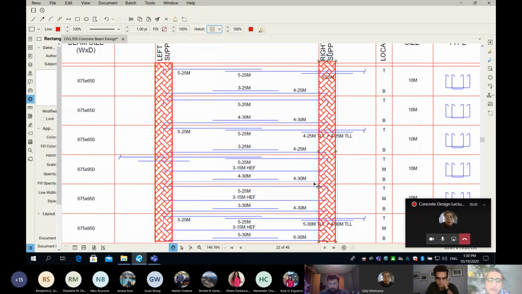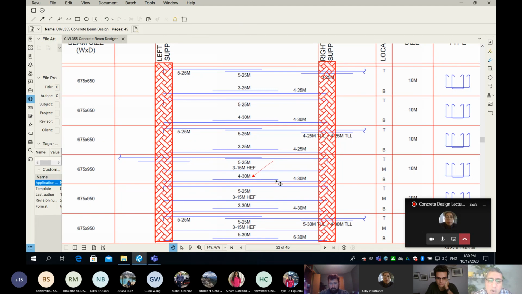Between the columns I have 4 continuous 30M, and also somewhere in the middle I have another 4 30M. But you can see from the picture that they don't go all the way to the support. So in some locations I have 4 30M, and in other locations I have 8 30M at the bottom.